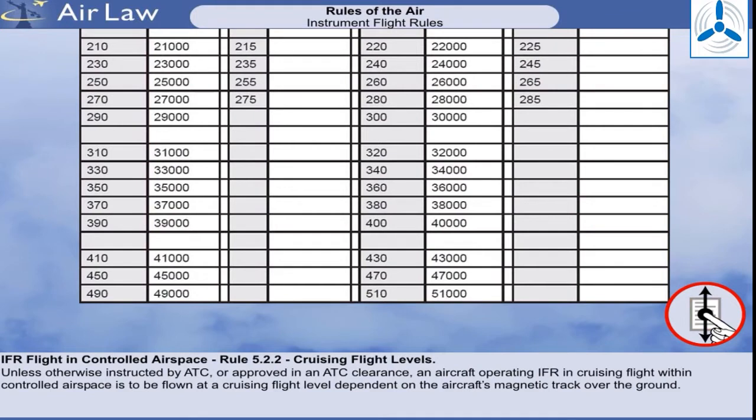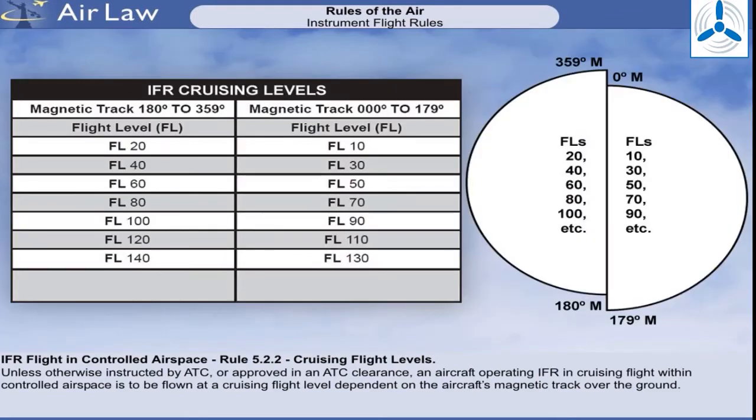The rule governing the correlation between cruising levels and magnetic track is semicircular in nature, because approximately half of the allocated flight levels are for aircraft in the cruise on magnetic tracks from 0 degrees to 179 degrees, while the remaining allocated flight levels are for aircraft in the cruise on magnetic tracks from 180 degrees to 359 degrees.